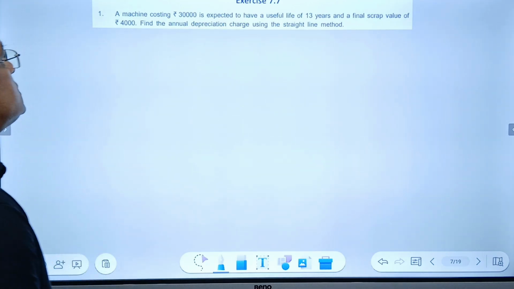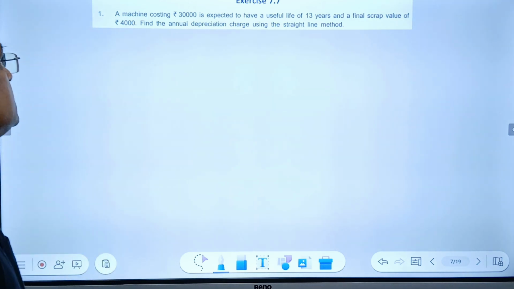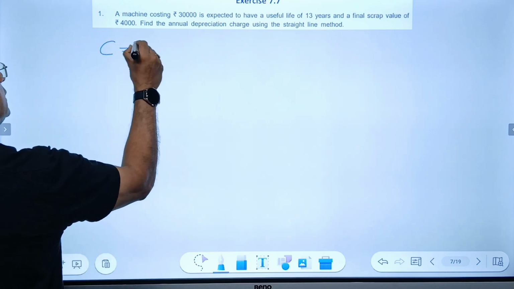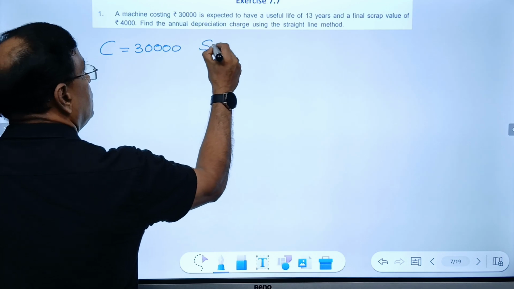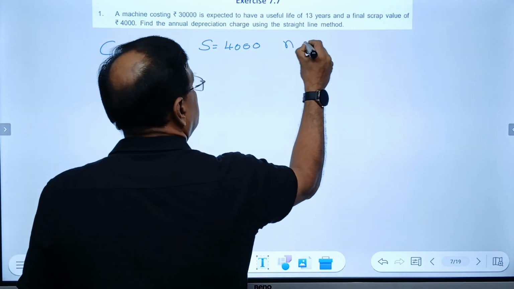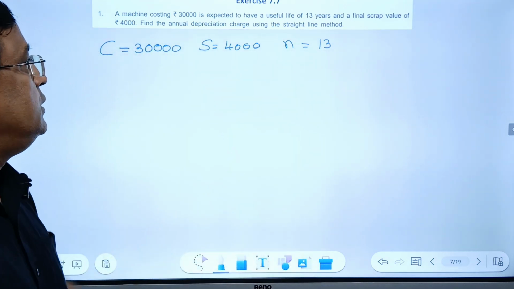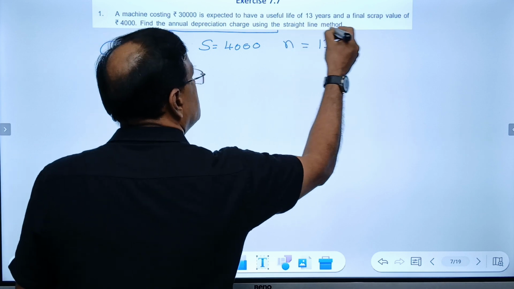The machine costing 30,000 is expected to have a useful life of 13 years, and the final scrap value is also given. So the cost of the machine is 30,000 and the scrap value is 4,000, and after 13 years it's scrap. Now I want to know the annual depreciation using the straight line method.